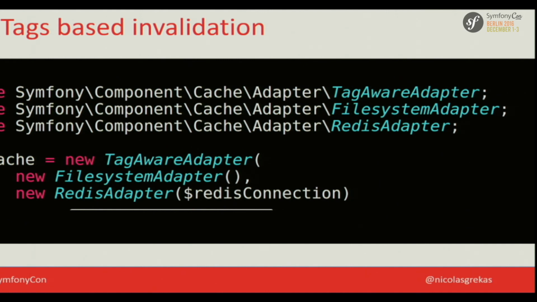And if you'd like to synchronize all the items and know when on one front data is invalidated, all the fronts and the other PHP servers should be able to invalidate that same data. You can do that by chaining, in this example, the file system with a Redis adapter, Redis being the shared state of the cache. So you invalidate, Redis changes its state, and you get fresh items on all servers at once.